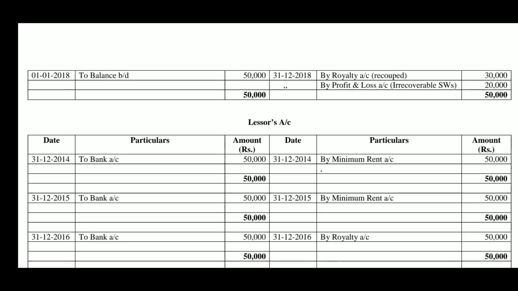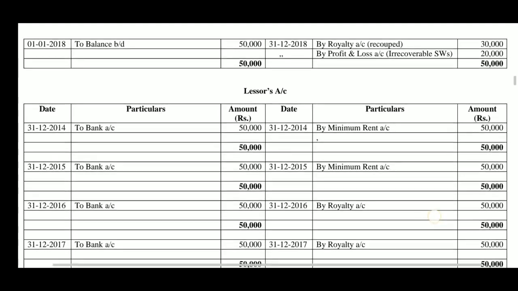Of course, information about 2019 is not available, but since here the right of recoupment is over, it cannot be carried forward. Therefore, irrecoverable short workings 20,000 will be transferred to profit and loss account. By profit and loss account, irrecoverable short workings 20,000 rupees. In this way, short workings are closed.